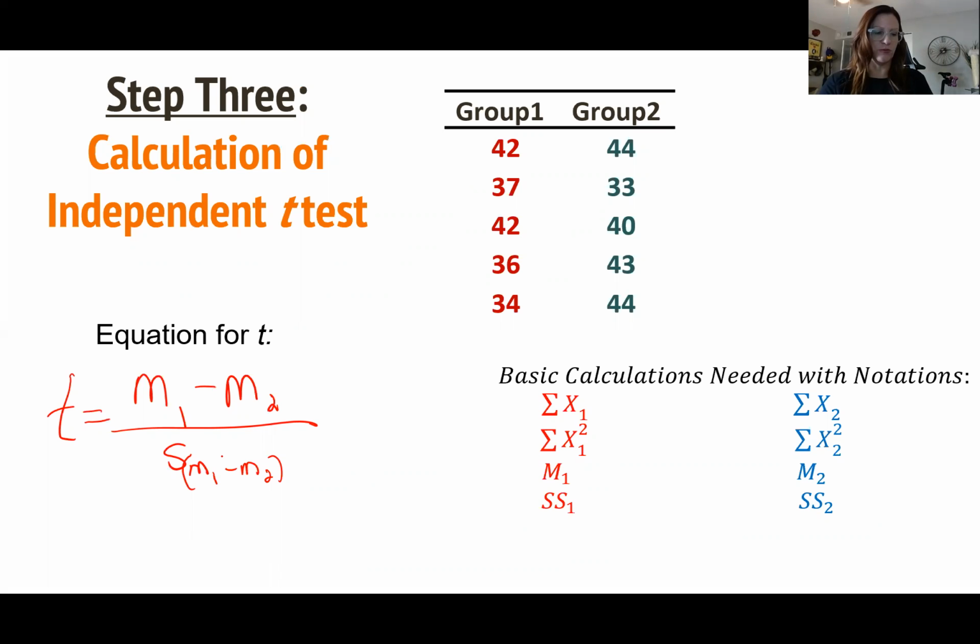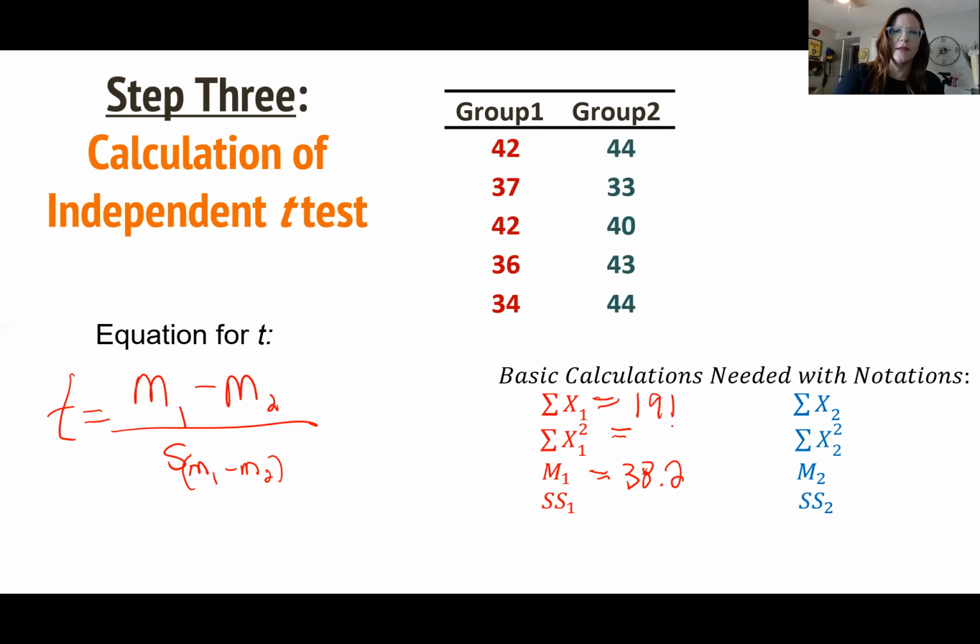So 42 plus 37 plus 42 plus 36 plus 34 is 191. I always write a little legend down, 191. And then I'm going to divide that by the sample size right away, and I'll get our mean, which is 38.2.